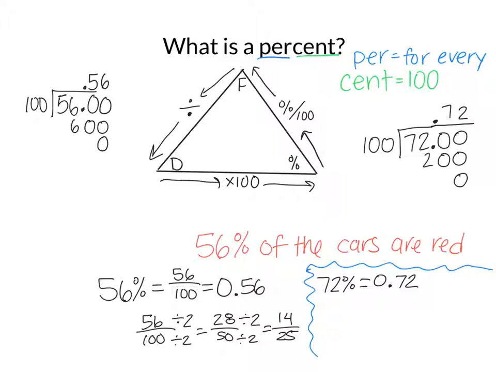If you have a percent and you want to make it a decimal, all you have to do is take the decimal point where it is, we're at 72 wholes, 72%, and bring it 2 to the left, and you have your decimal. If you have a decimal to start with, let's say 56 hundredths, and you want to make it a percent, all you have to do is move it the opposite way, 2 to the right, and you would get 56%.